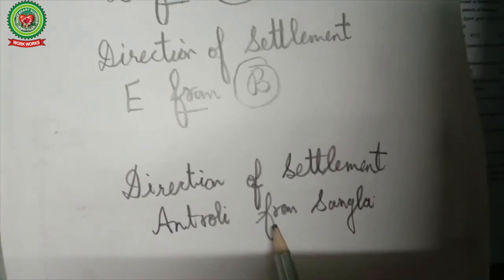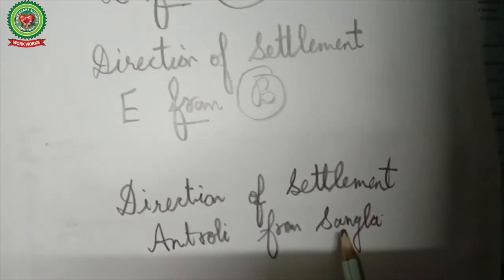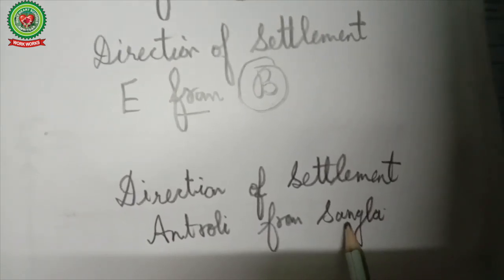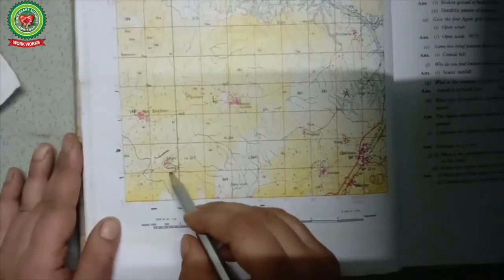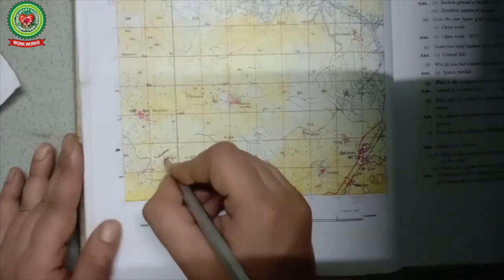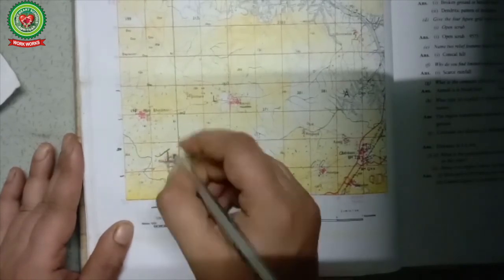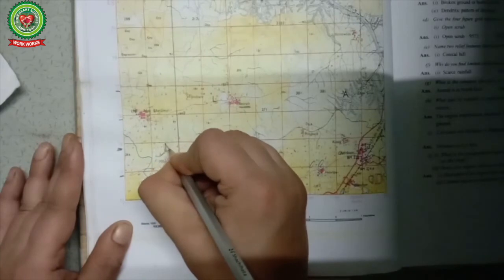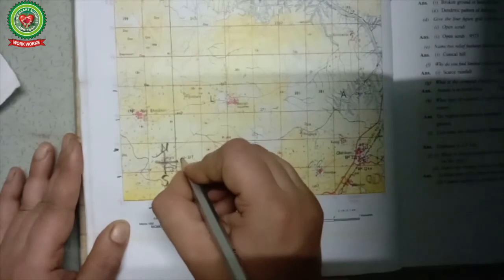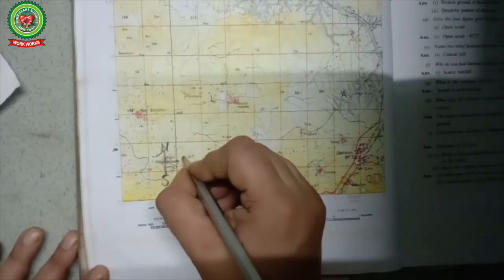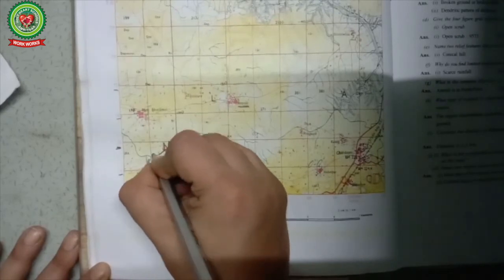Here "from" is written with Sangla. So we need to make our direction chart along the settlement Sangla. So here we have settlement Sangla. Let us make the direction chart here in its center. Here at the top is north, below we have south, towards the right we have east, and towards the left we have west.